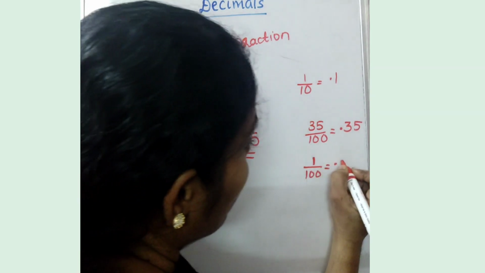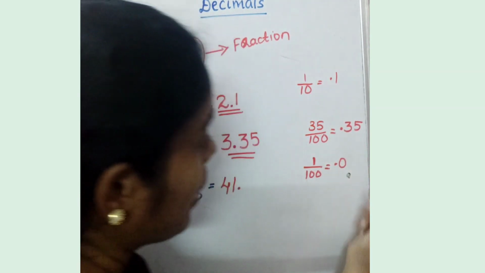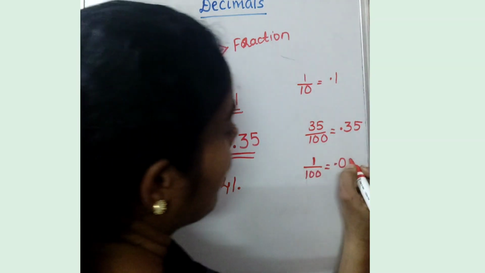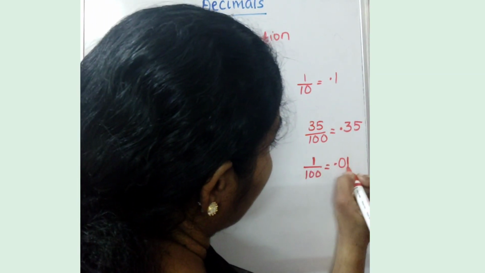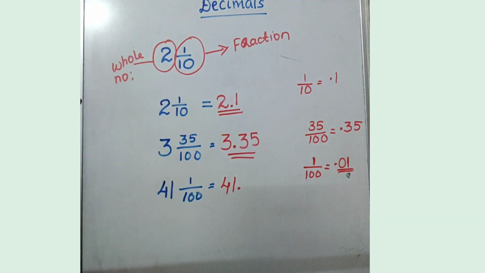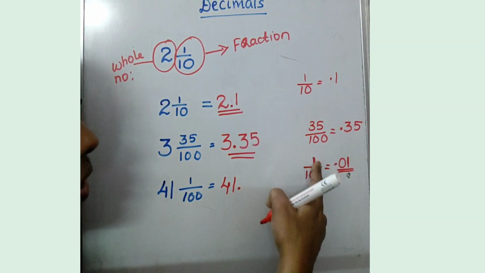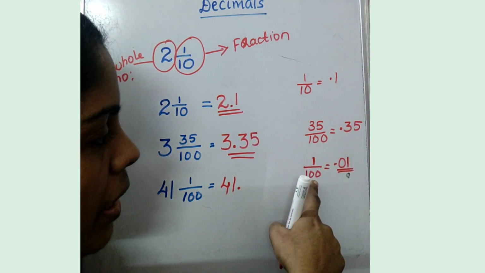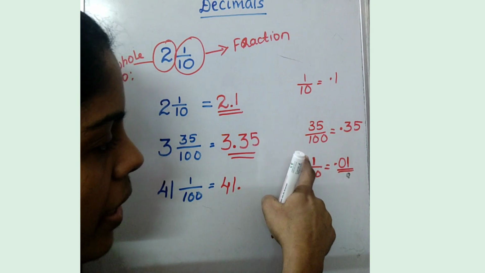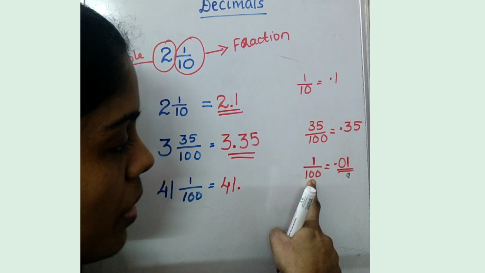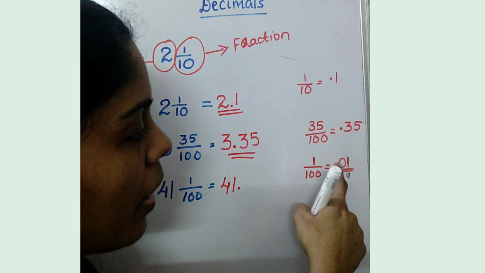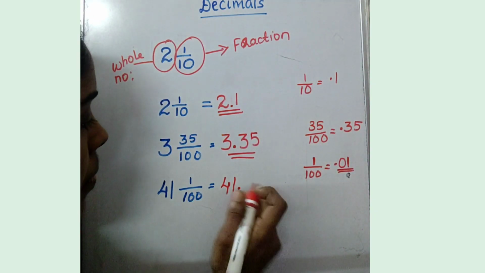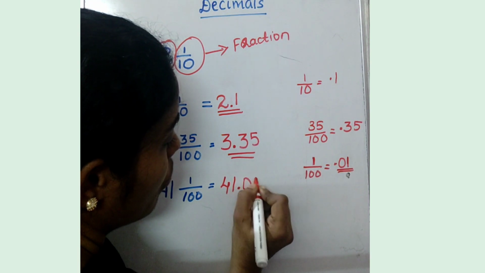For the decimal number of 1 by 100, here there are 2 zeros and only one digit, so we put the point and then we put a 0 at the beginning of the number, then this 1. Because there is no other digit here and there are 2 zeros, we put 0 after the decimal point: 0.01.